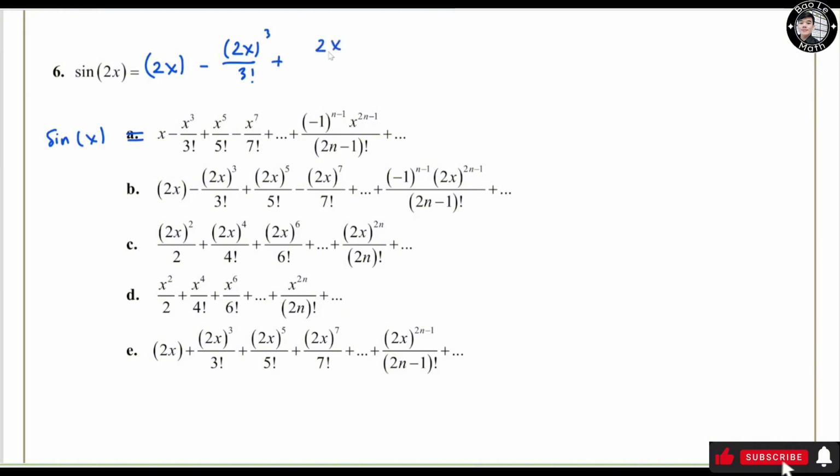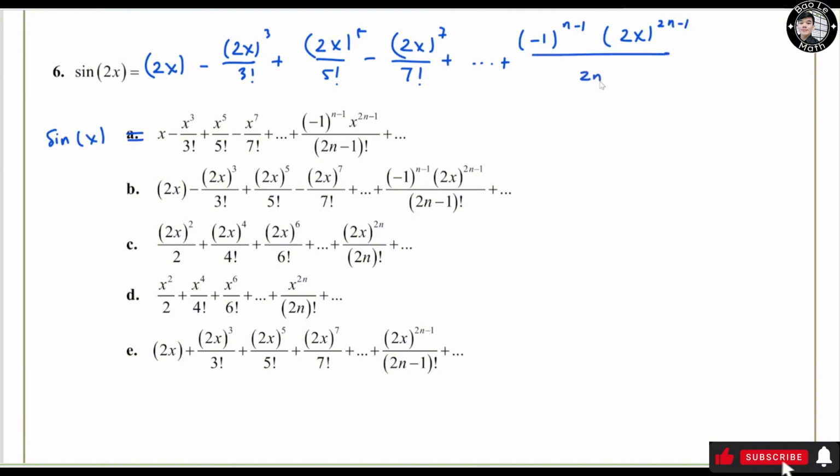Plus (2s)^5 over 5 factorial minus (2s)^7 over 7 factorial plus etc., plus (-1)^(n-1) times (2s)^(2n-1) over (2n-1) factorial, right? So the answer must be B.